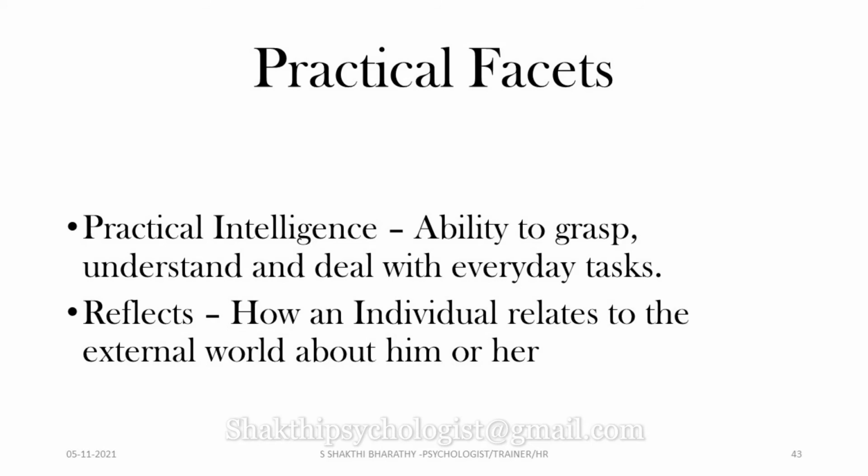And creative facets, we have seen how an individual connects the internal world to external stimuli. And practical facets, he has given very clearly how it reflects how the individual relates to the external world about him or her. That's a difference.